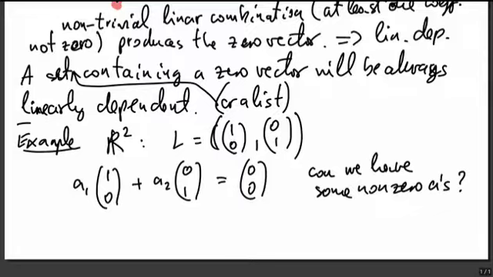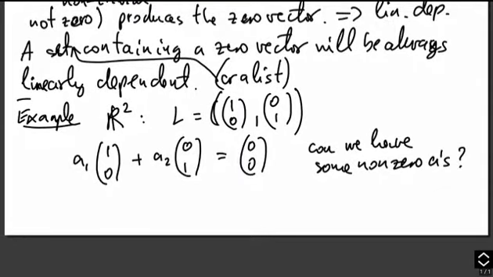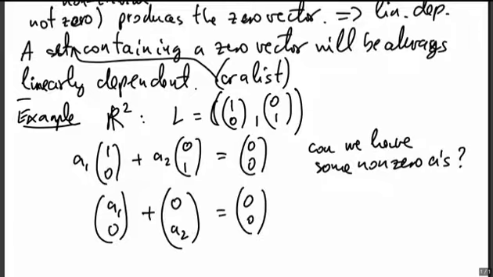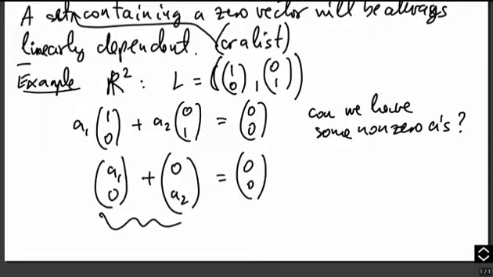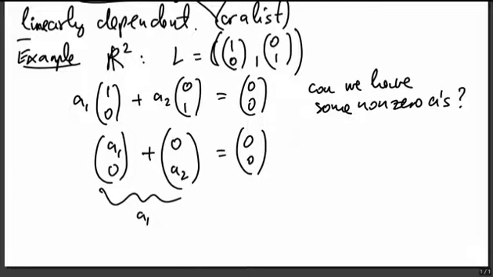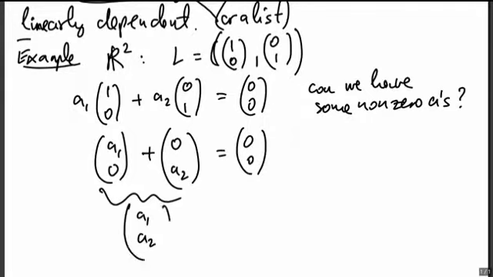Let's see. We know how to do this in R2. Scalar multiplication goes component by component, but the second component in this first vector is 0, so a1 times 0 is 0, a1 times 1 is 1. The second vector will be 0, and the second component will be a2. Then we also know how to add vectors together, component by component, so we have a1 plus 0, a1, 0 plus a2, a2.